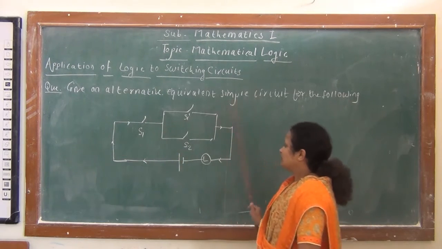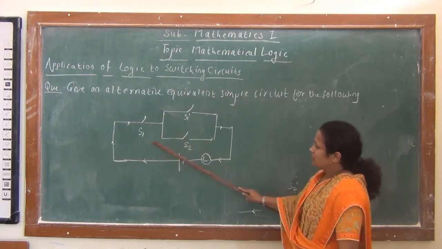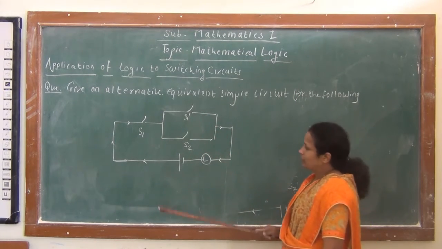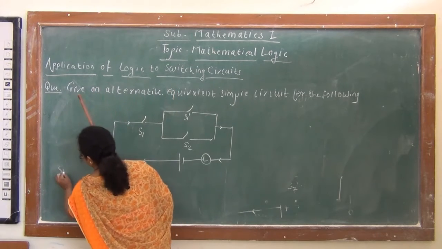So here, if we observe, we have three switches, S1, S2, S1 dash. So first we denote these three switches by three statements.